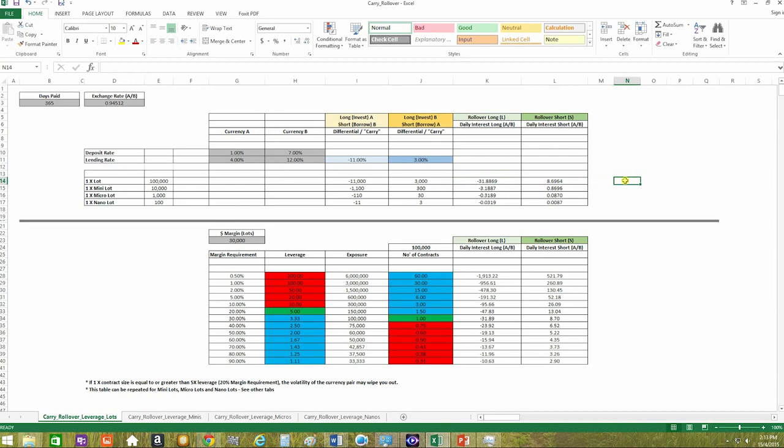That's just the basic principle we looked at earlier of margin, leverage, and exposure.